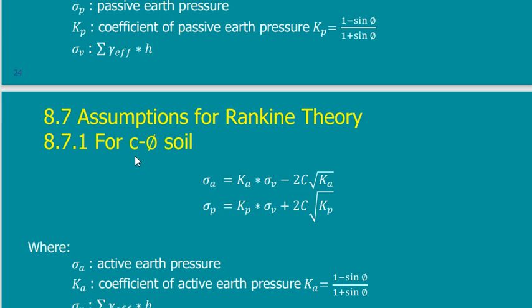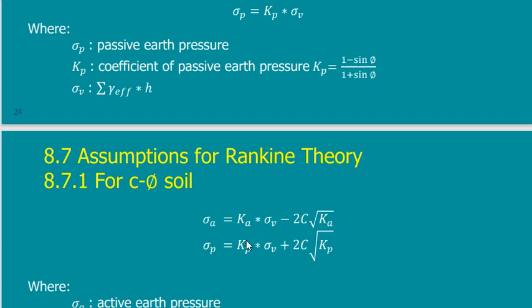But if I have C soil alone, I can't work with this equation. So in case of C phi soil, then my equation will change, and let's compare both equations. This is the general equation in case of C phi soil.